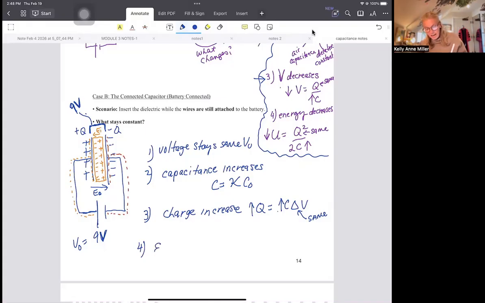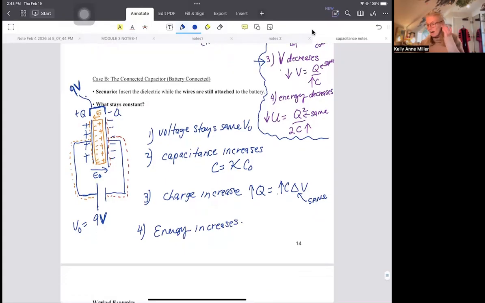So the energy actually increases in this case. Let's talk about why. There's a couple of different ways we could look at this. We know that the potential energy is Q squared over 2C.